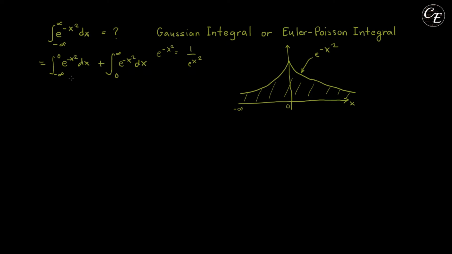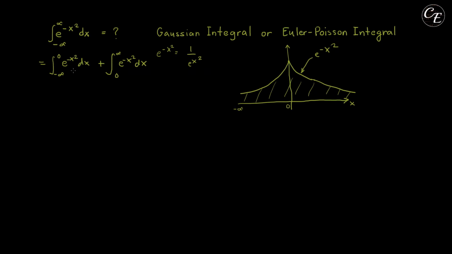So this integral is from here to here, which corresponds to this area. And this integral corresponds to the area in here when x is positive. If you try to analyze carefully, their areas are equal.